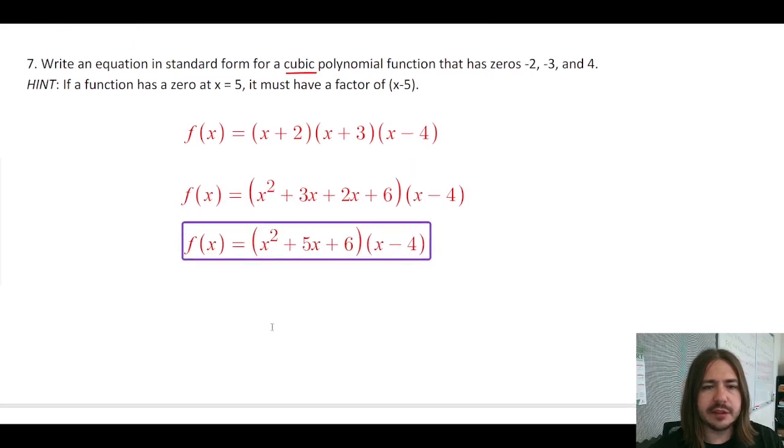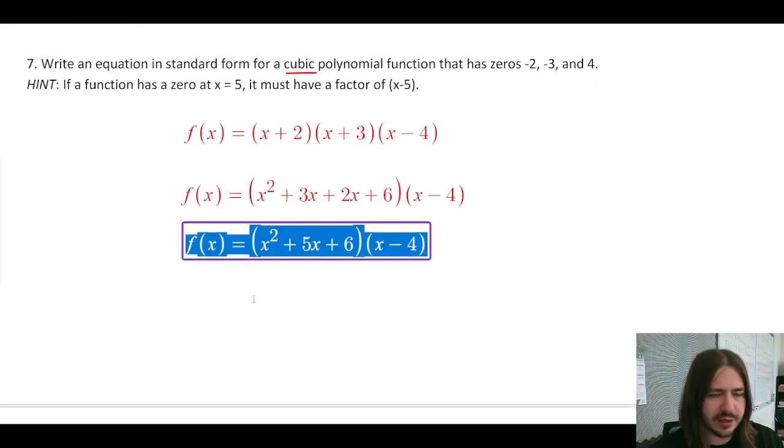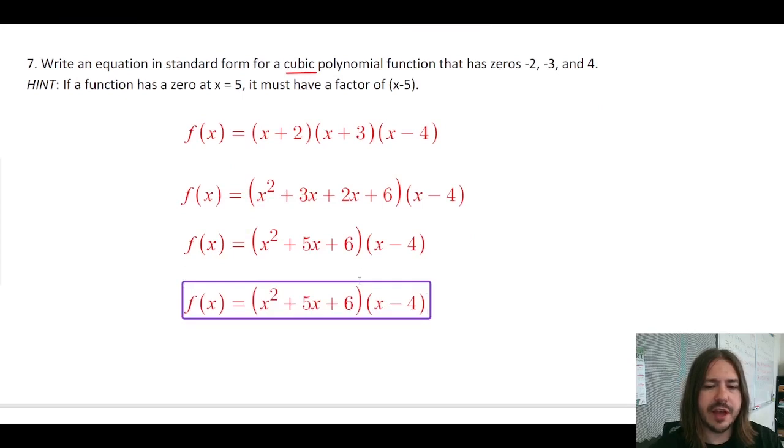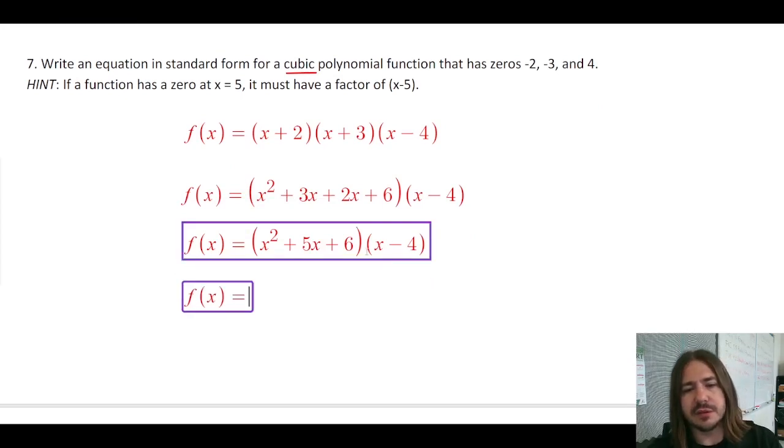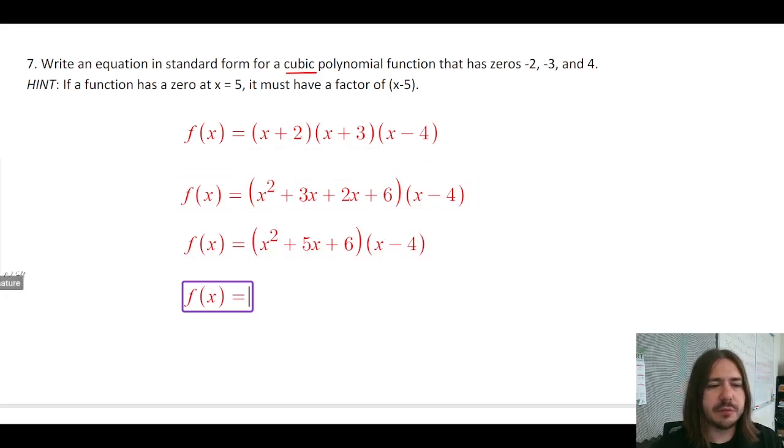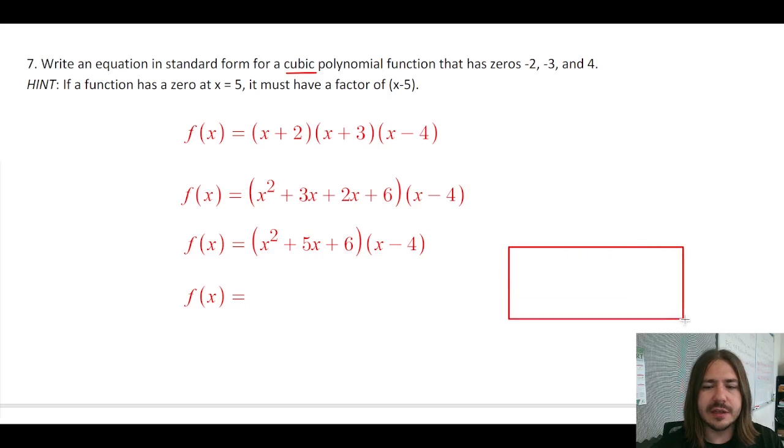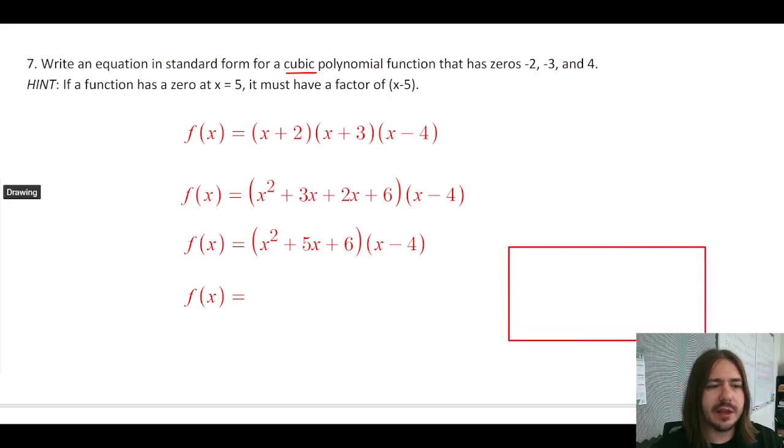So I do need to multiply these together. This can be a little tricky, kind of hard to keep track of, making sure you have all of the distributing going on. Essentially what you have to do is multiply each term in the first set of parentheses by each term in the second. You can do that by hand if you'd like.